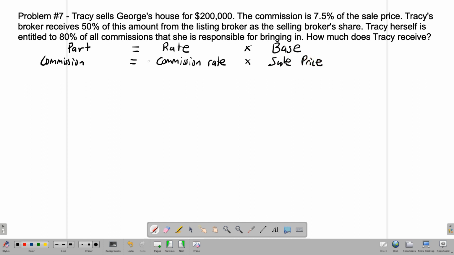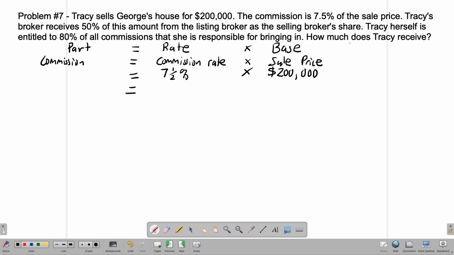We're given that the rate is 7.5%, and the price of the home is 200,000, and that represents the base. We want to determine what the commission is, so the total commission.